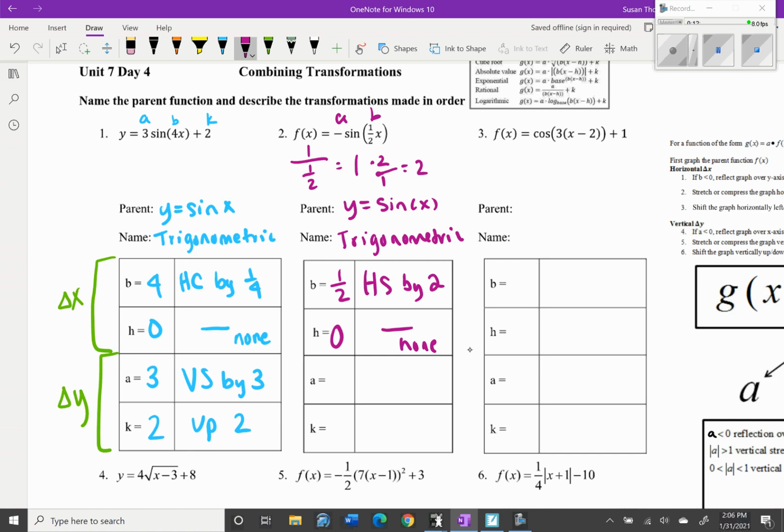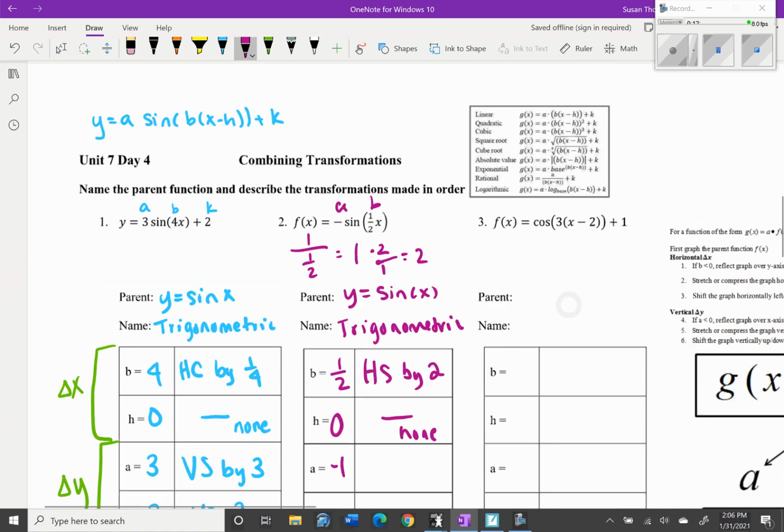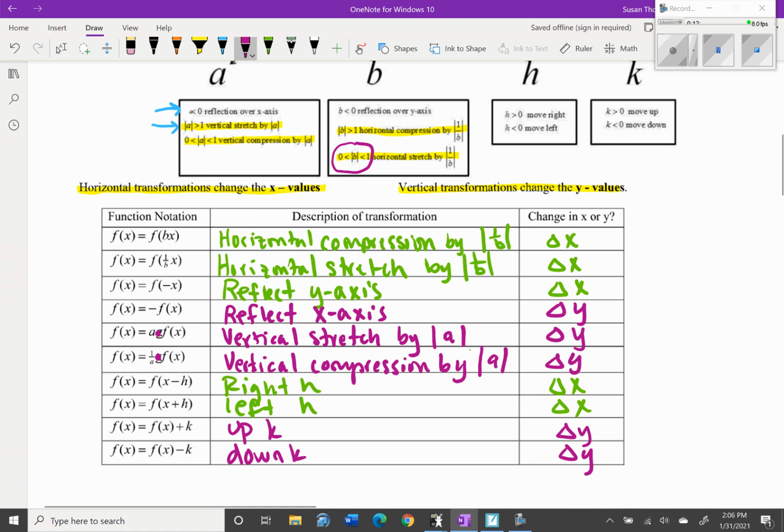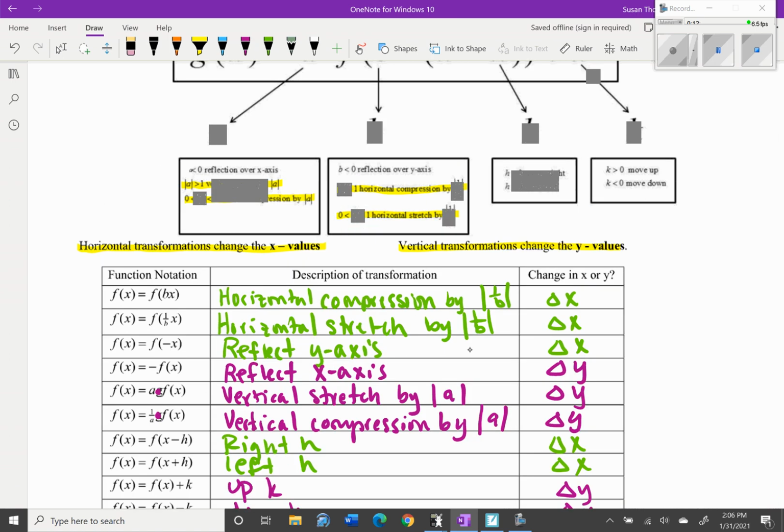A, in this case, is -1. So if we go again back to our graphic organizer, when your a value is less than 0, it's going to be a reflection across the x-axis. And then for the other two, notice that the absolute value of a is not greater than 1 because the -1, the absolute value of that is 1, which is equal to 1.